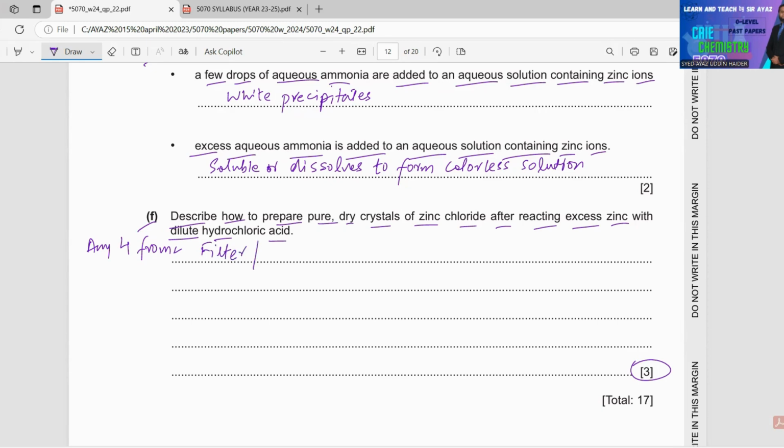Next point, wash the residue with distilled water.